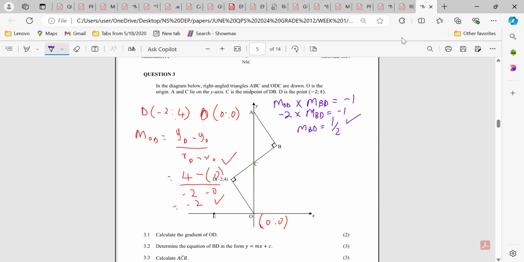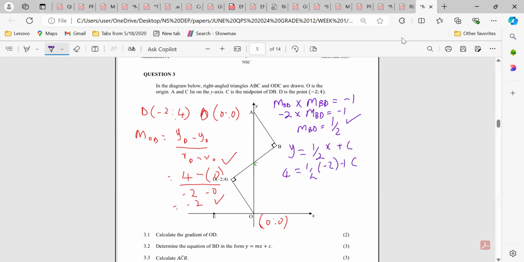Next, we want to get c. Now, we're going to use the point which is lying on BCD. We don't know B, we don't know C, but we know D. So I'm going to say we have y equals 1/2 x plus c. Using this point, we have 4 equals 1/2 times -2 plus c.